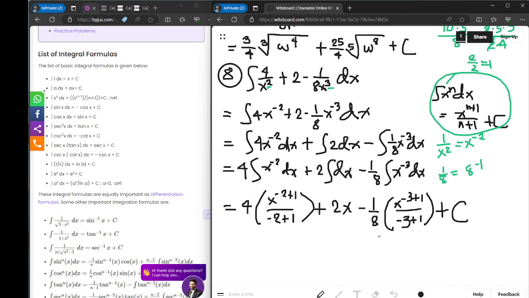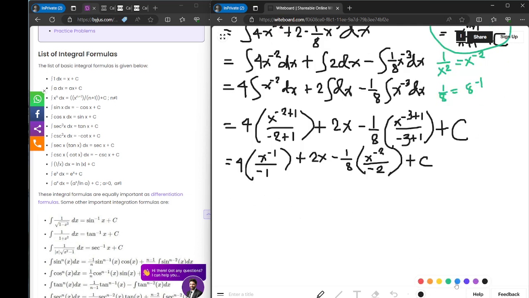So we should not forget plus c. This will become 4 times x to the negative 1 over negative 1 plus 2x minus 1 over 8 times x to the negative 2 over negative 2 plus c.